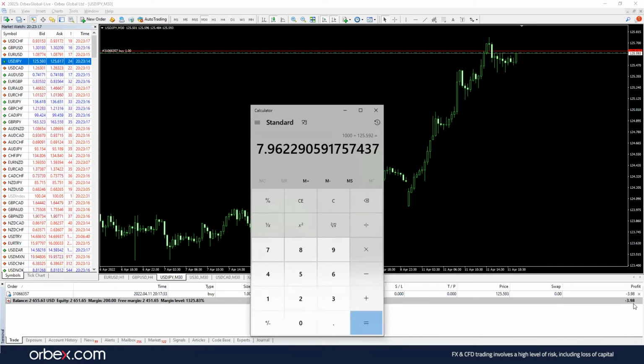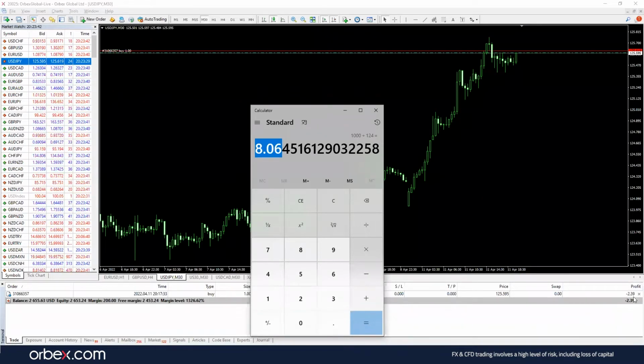But if you want to get the exact pip value, because this trader could have opened for a few days and the price might be a lot different. So let's just say we drop down to 124 for the dollar yen. If I do 1,000 divided by 124, as you can see, my pip value has gone up to just over $8. But at the time that I opened this trade, the pip value is a lot less.